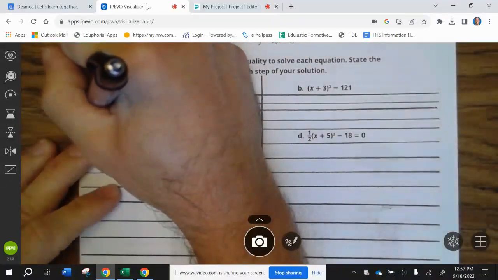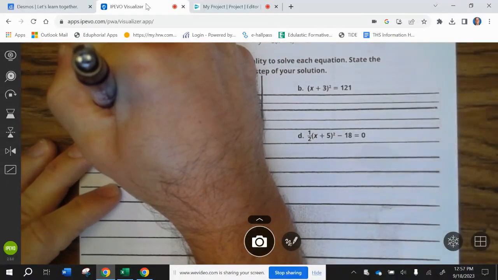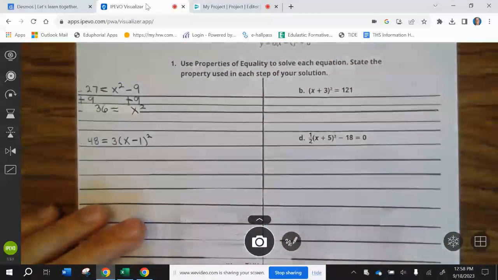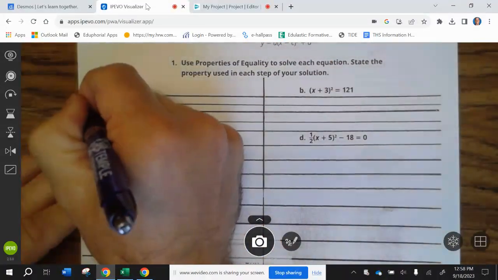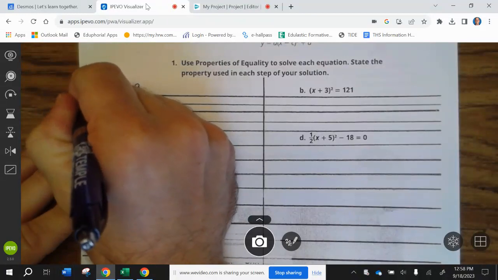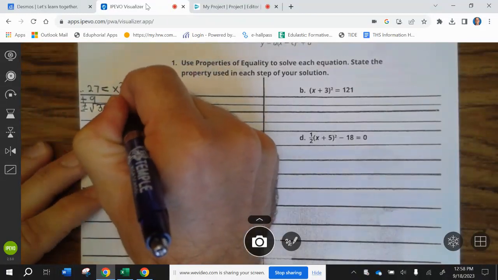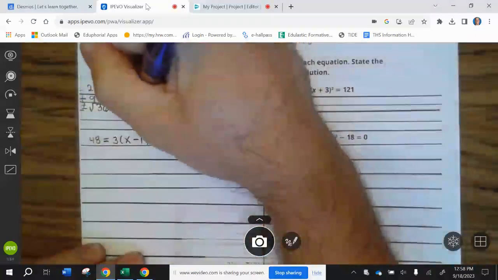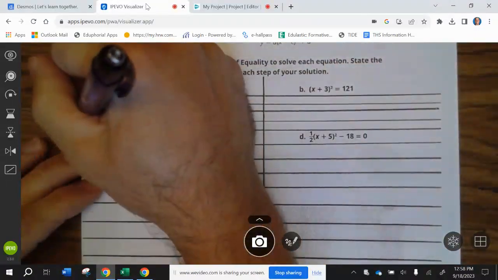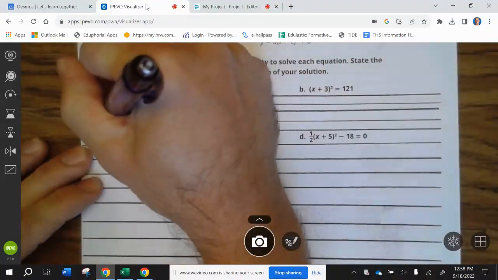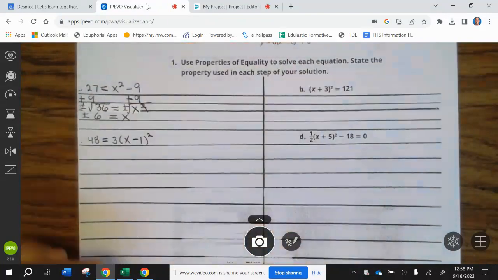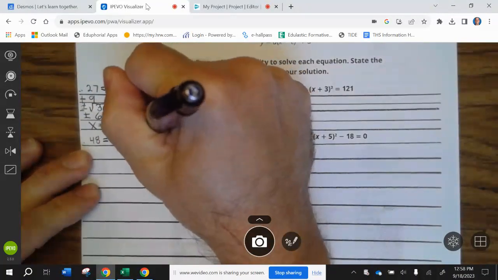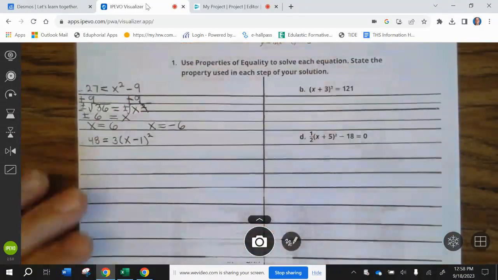So 36 equals x squared. Okay. Now we're going to take the square root of both sides, plus or minus. Now the square root cancels the squared, so you're left with x equals plus or minus 6. So x equals positive 6 and x equals negative 6.